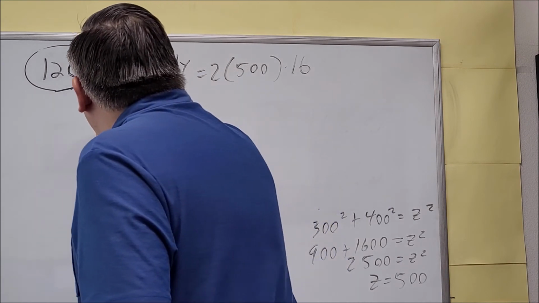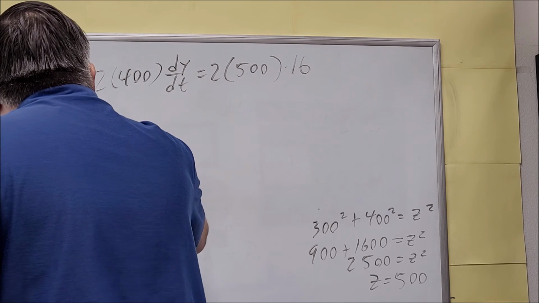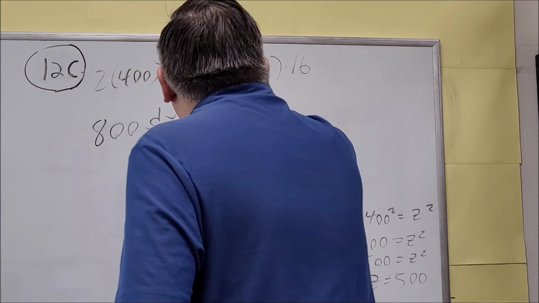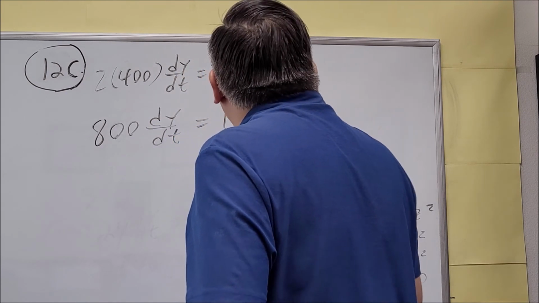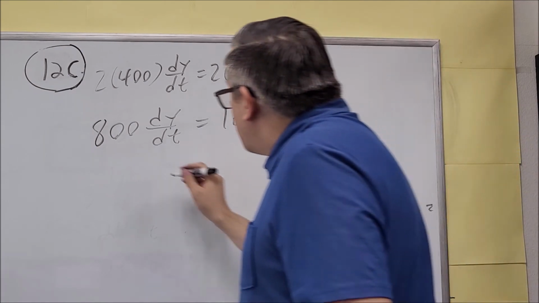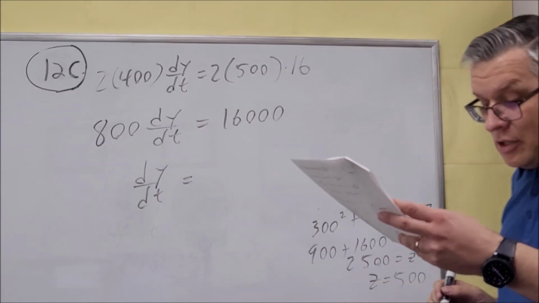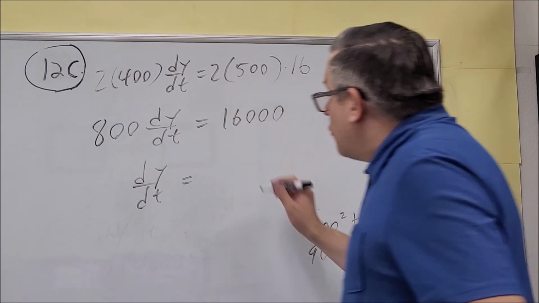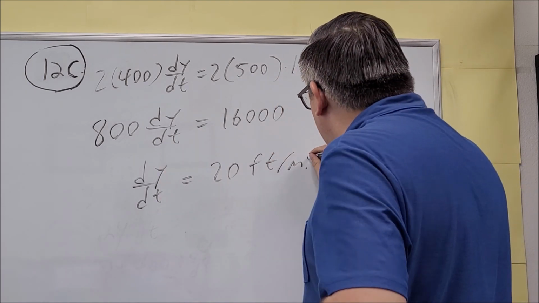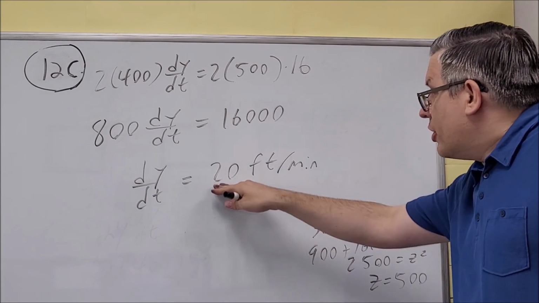Solving for that, we get 800 dy/dt equals 16,000. Divide both sides by 800, and your dy/dt is going to give you 20, and that's going to be feet per minute, the units that you have on that one. So this right here would be your final answer.